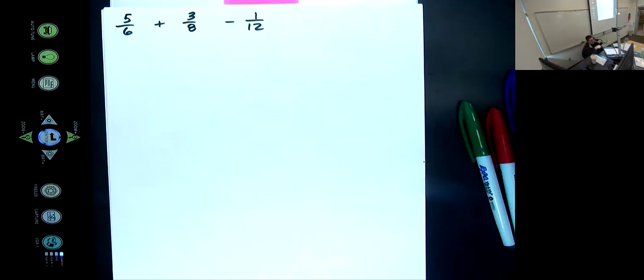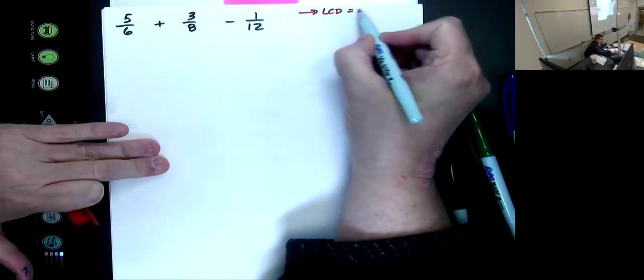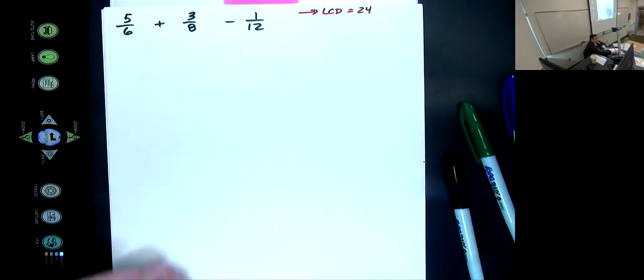Why don't you guys try to do it real quick? I'll give you 4 or 5 minutes and then we'll rush through it together. Just so you know, when you're going the right way, the LCD should be 24 if you've done it correctly. But find that on your own.